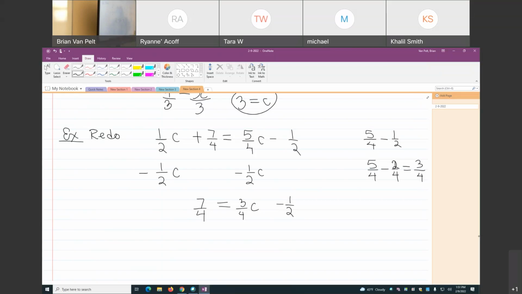Right now, if I add 1/2, I will have C all by itself. I won't have anything else hanging around with it, so I have plus 1/2. Plus 1/2, and here we go again. Now I've got to add these two things.